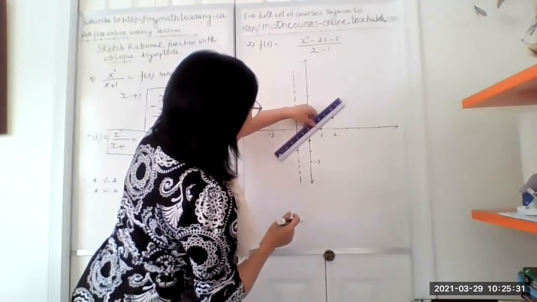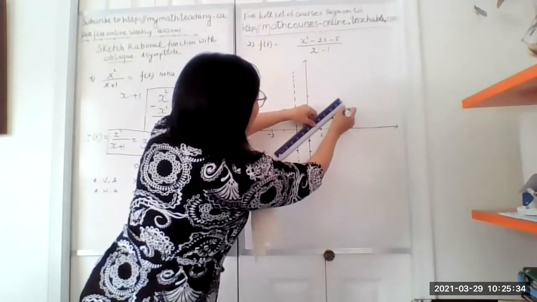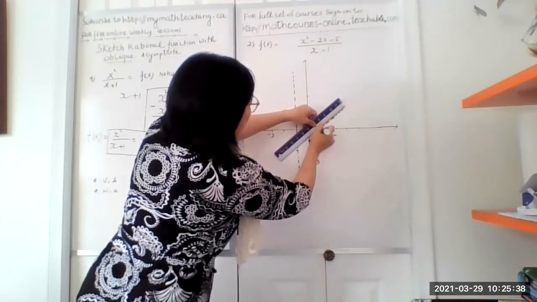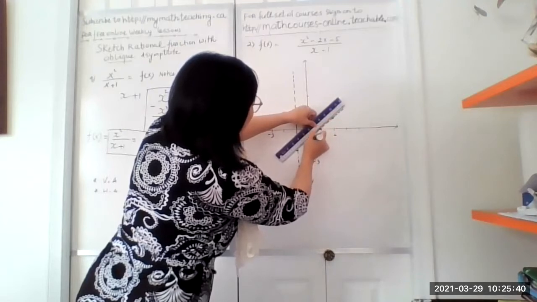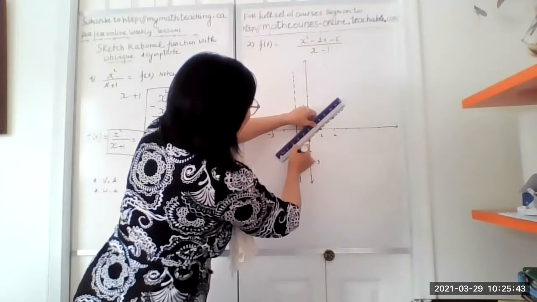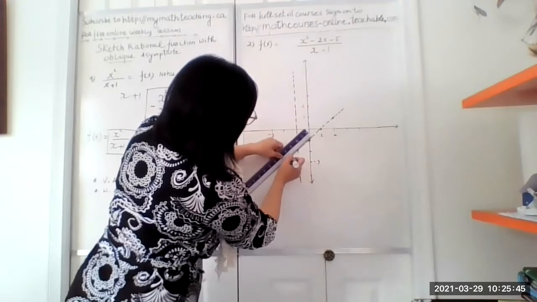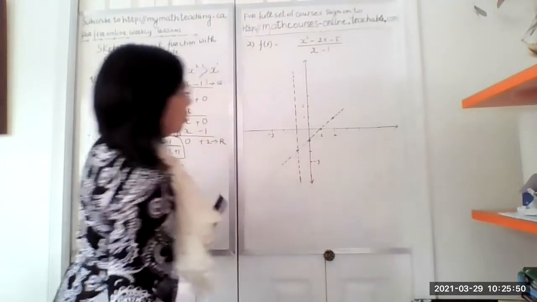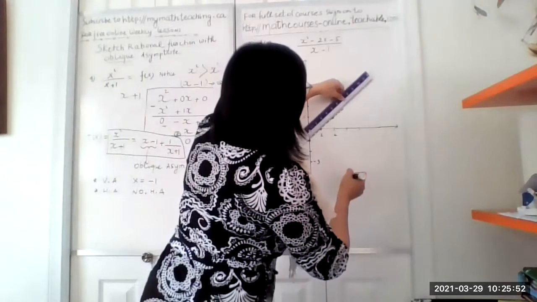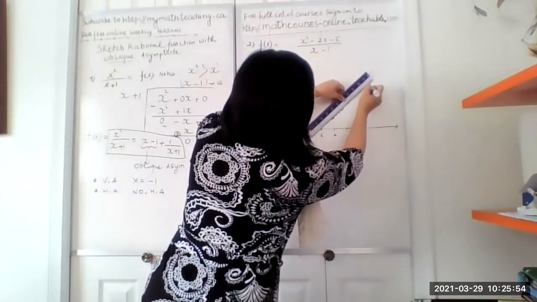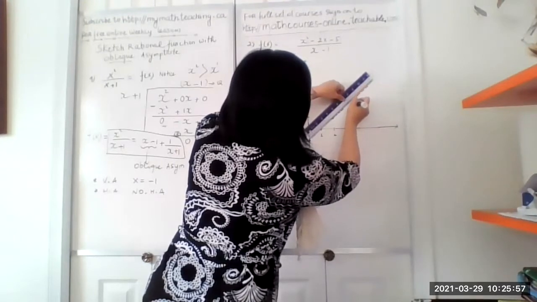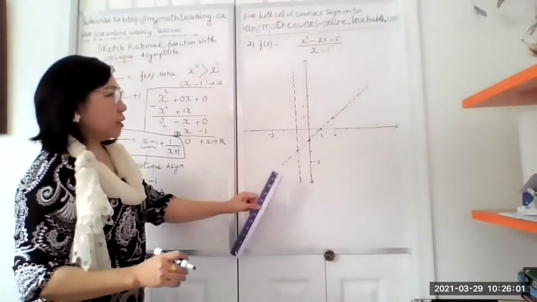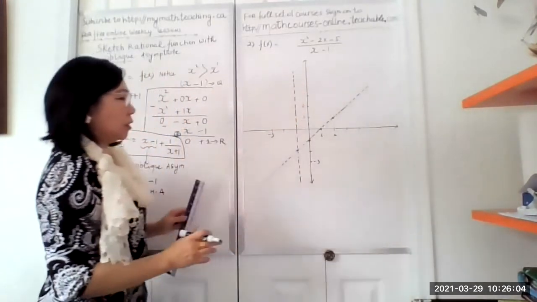So basically, this is the oblique asymptote. Go to this point. Okay, so now we know our oblique asymptote right here. So we have the vertical asymptote and the oblique asymptote.